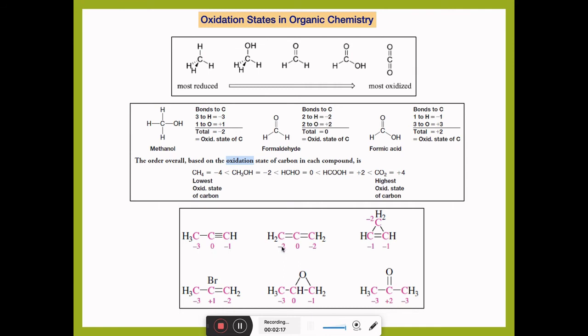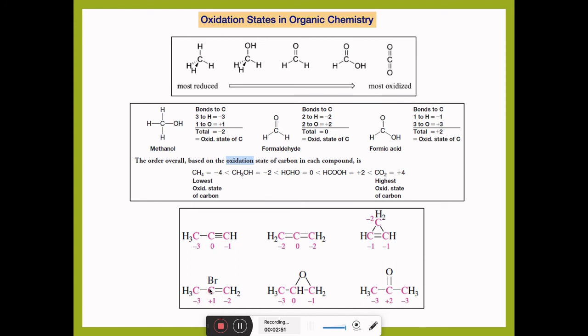Similarly, with respect to this carbon in the allene, it is minus 2 because of the presence of 2 hydrogens, then minus 2 because of the other terminal CH2 group, and on the middle carbon it is 0 because of no hydrogen. Similarly, here it will be minus 1 for both of these carbons because of only one hydrogen, and minus 2 for the 2 hydrogens present on this carbon.